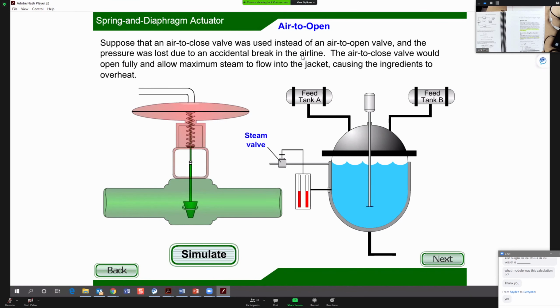Suppose an air to close valve is used. If the pressure was lost due to an accidental break in the airline, the valve will open fully, allow maximum steam to flow into the jacket, and cause the ingredient to overheat. So that's an opening down there. The airline got broken, all the steam goes in to heat the tank. So that's not going to be safe.